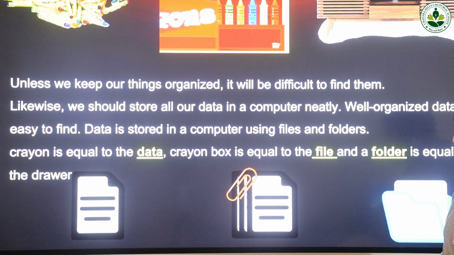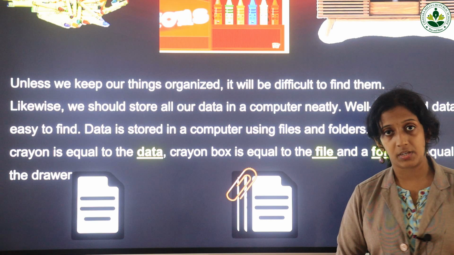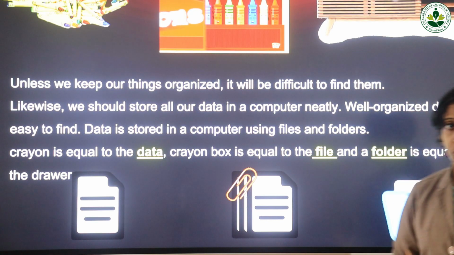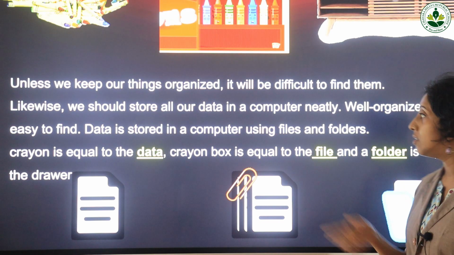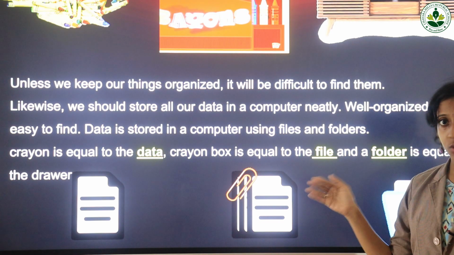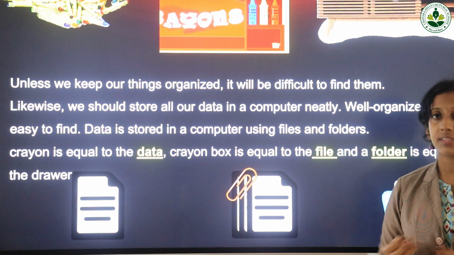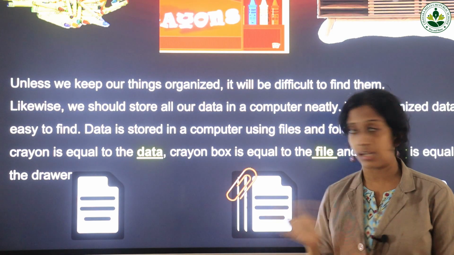Data is stored in the computer using files and folders. Data means the information that we are storing in a computer. Crayon is equal to data. That means if we have some data, it can be matched to a crayon.